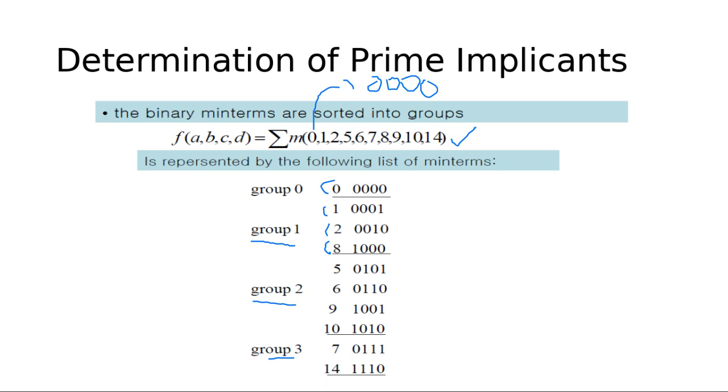What is the difference between 0 and 1? Why do we group these numbers like that? Why do we say 1, 2, 8 is group 1?